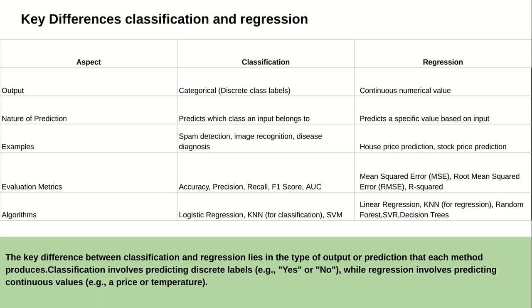And then when it comes to regression, it can be used for price prediction. As I said earlier, you have stock prediction and all that. When we are doing classification, we usually use evaluation metrics. What is the meaning of the term evaluation metrics? Evaluation metrics is the process of testing how our model is performing.